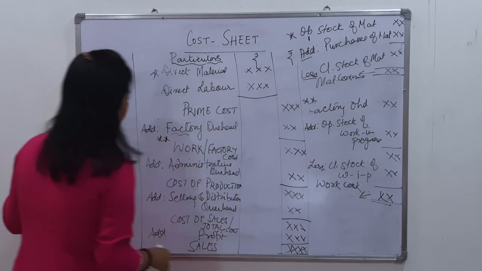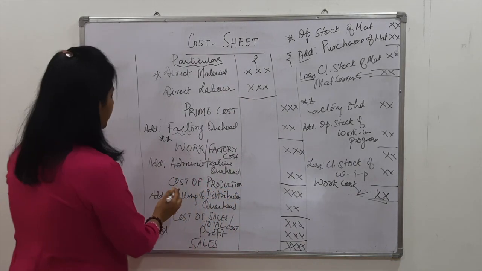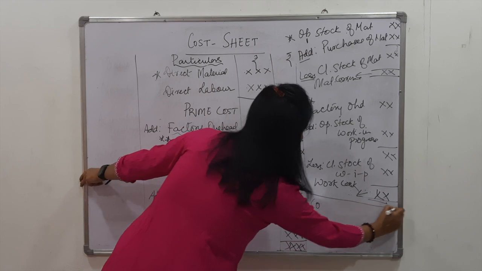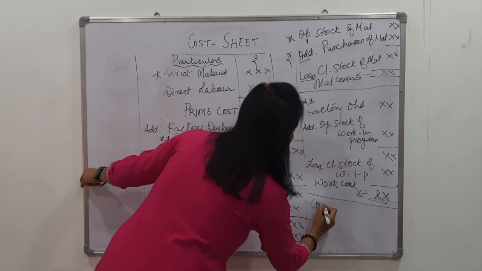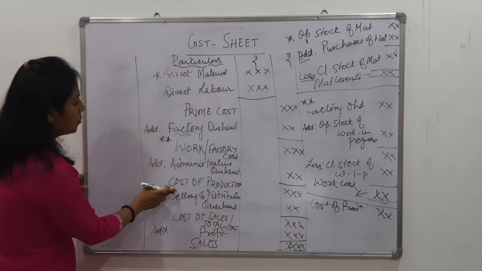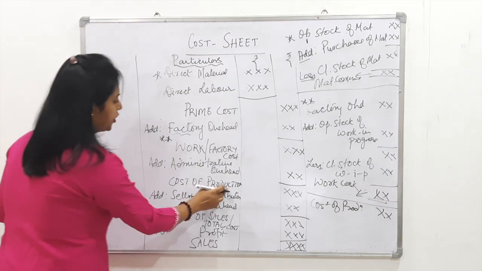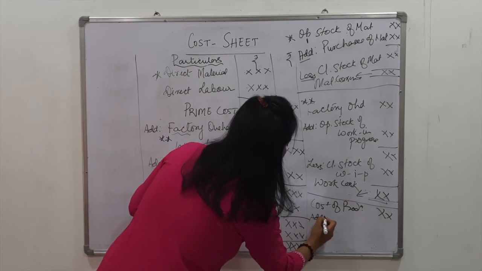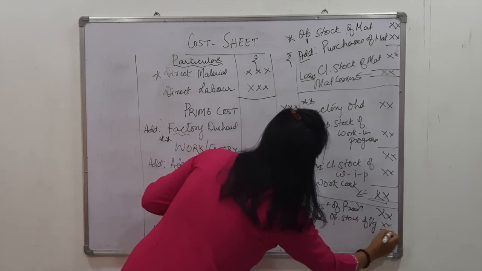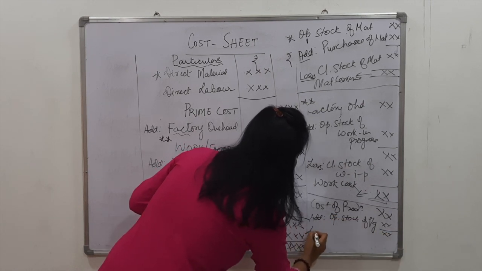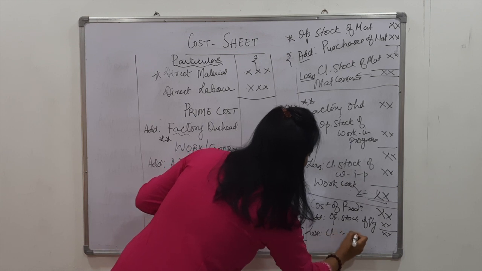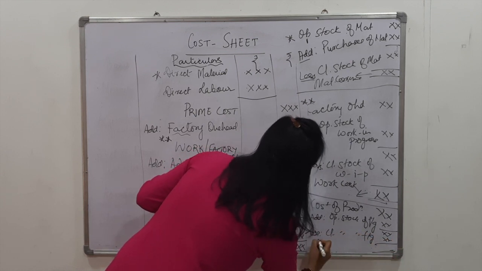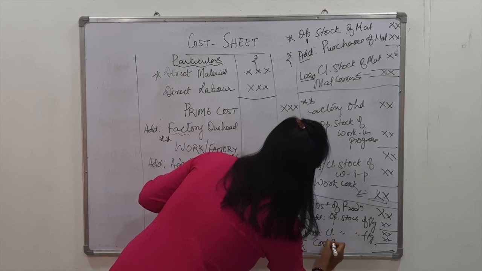Another point, the third point, is the cost of production. You have cost of production here. This is obtained after adding administrative overhead. With cost of production, you should add opening stock of finished goods and you should less closing stock of finished goods. What you get is known as cost of goods sold.